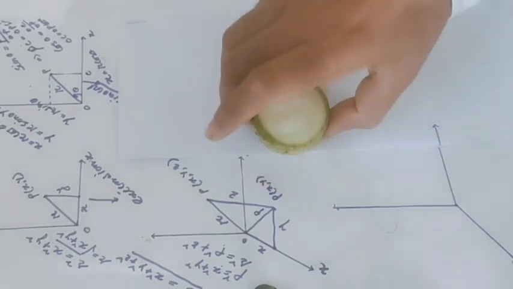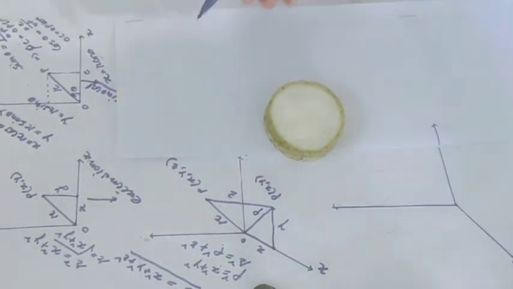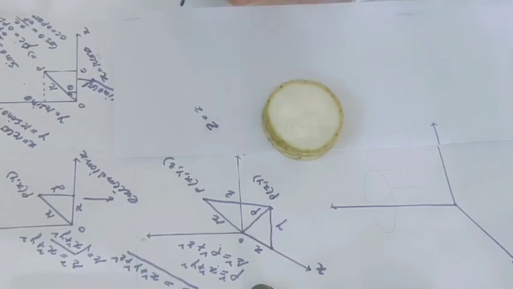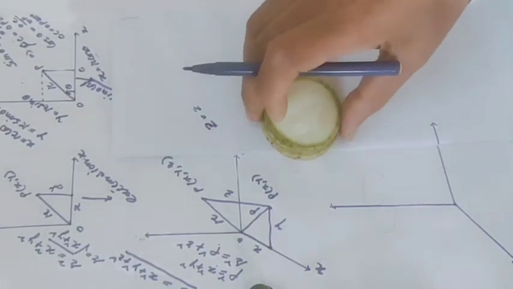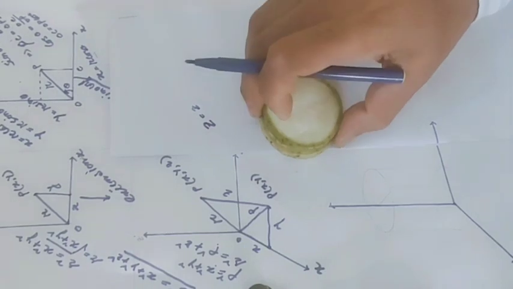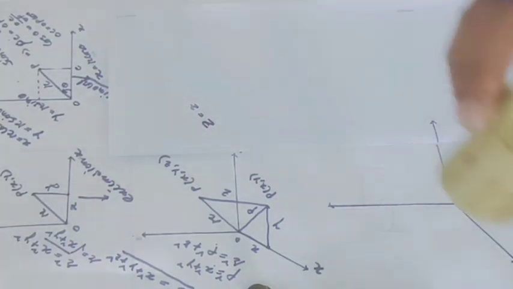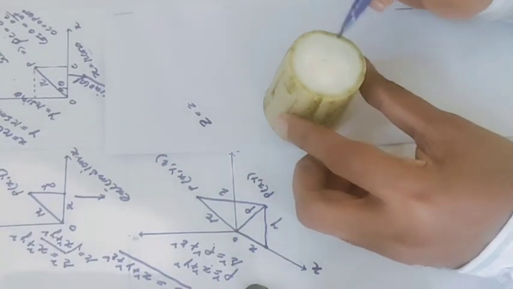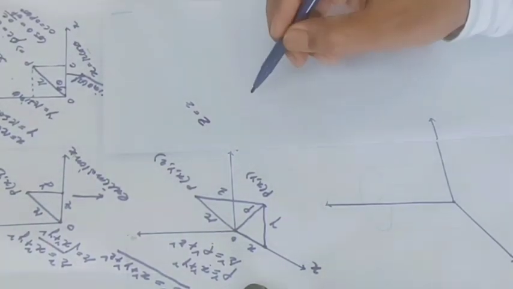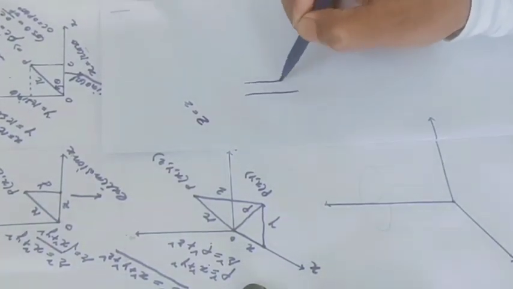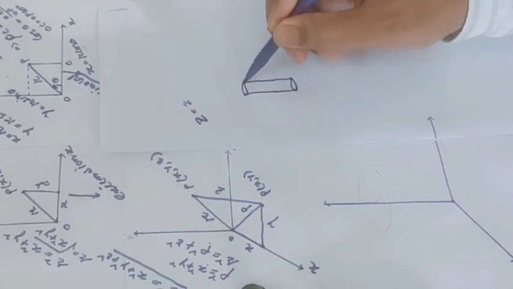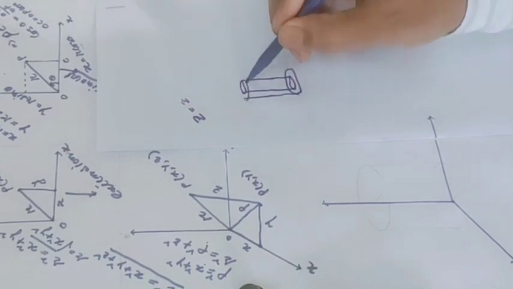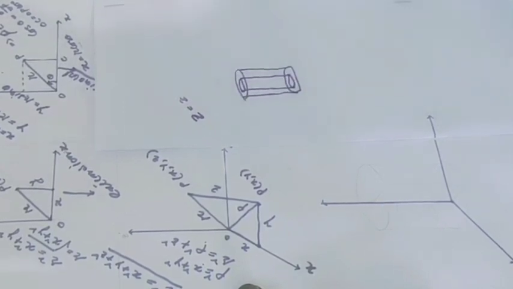So regarding cylindrical polar coordinates, we can consider the z-axis as the z-axis. There is no problem with this because there is no change along the z-axis. Now what other variable can you consider? You can consider this cylinder to be made up of some small cylinders. So this is one concentric cylinder, this is another cylinder, like this.